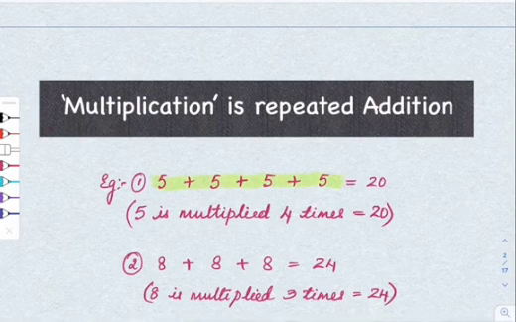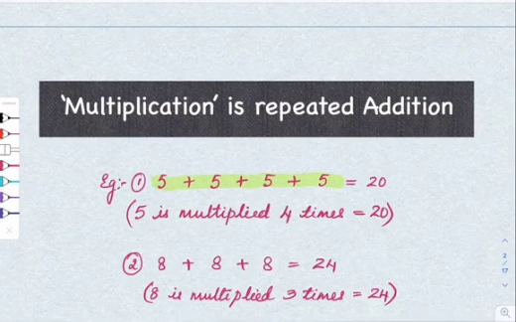I have added 5 4 times to get 20. That is, I have multiplied 5 4 times to get 20. Isn't it right? So, repeated addition of the same number is nothing but multiplying that many times.